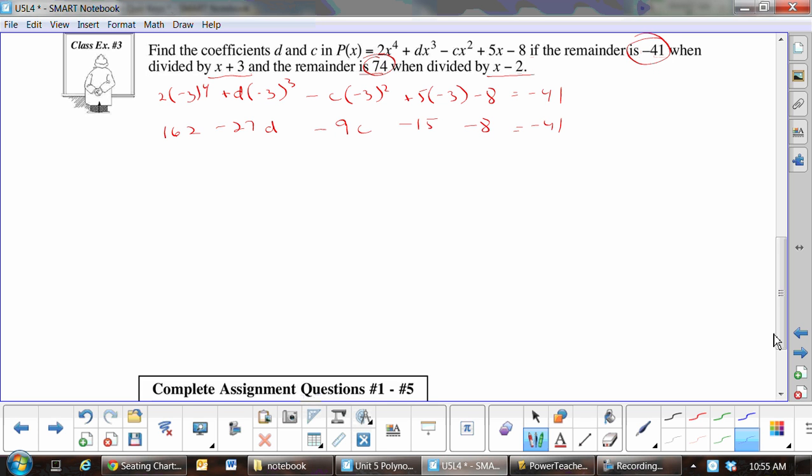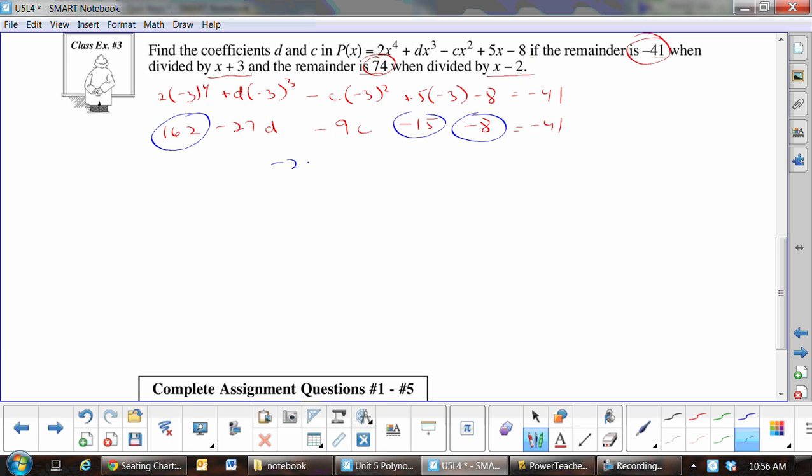Now, do you see that these can be put together? Okay, and what do we get? No, negative, because of the negative 3. What, 139, is that right? Negative 139? No, positive 139.